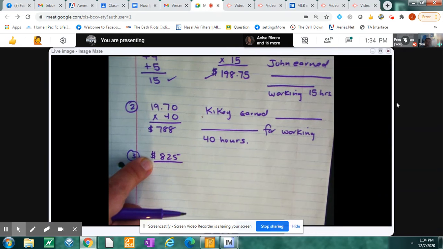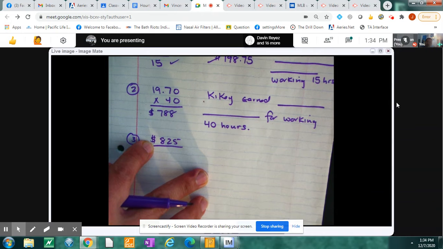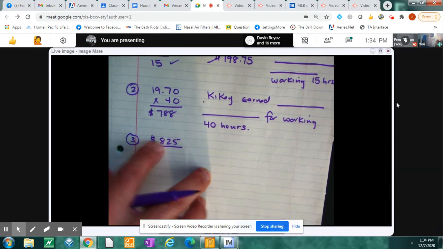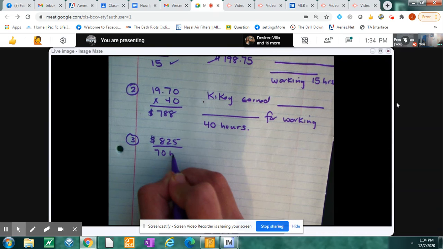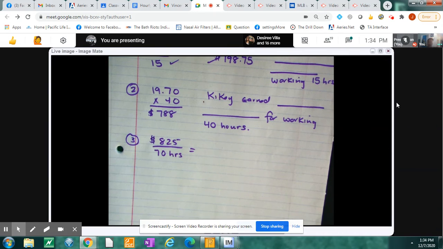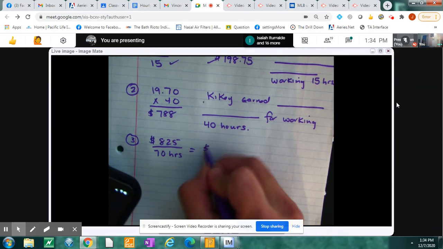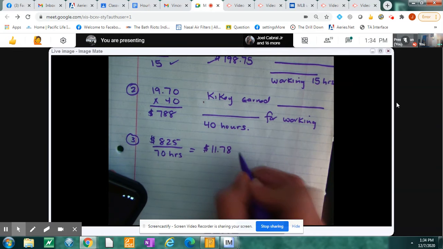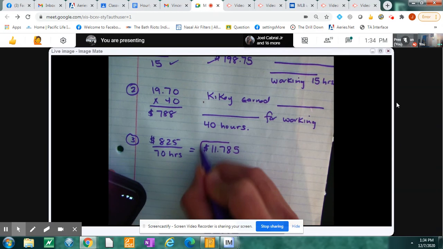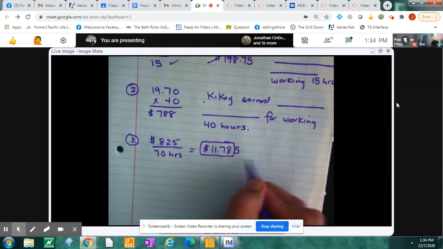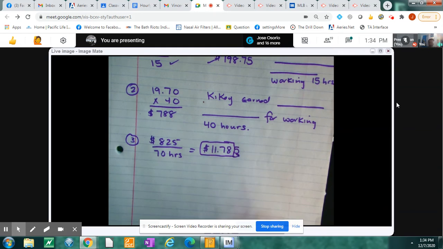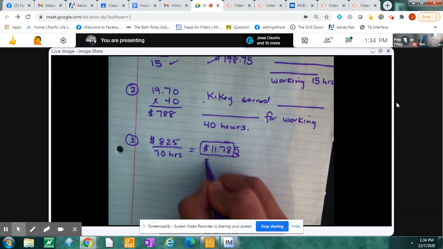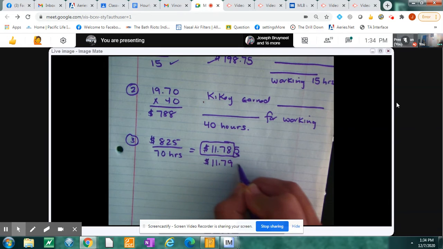Check your work because you're looking for the rate per hour, so you divide by the 70 hours. You're looking for that 1 hour, how much they're getting paid. So 825 divided by 70 is $11.78, but there's a 5 after it, so if you round it off, the 8 becomes a 9. So it's basically $11.79 per hour.